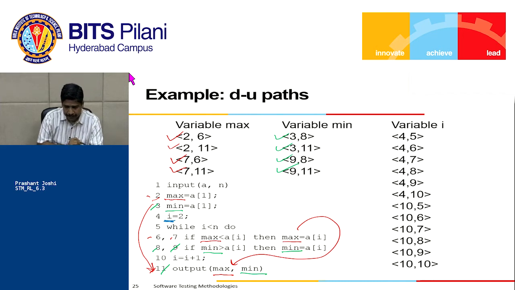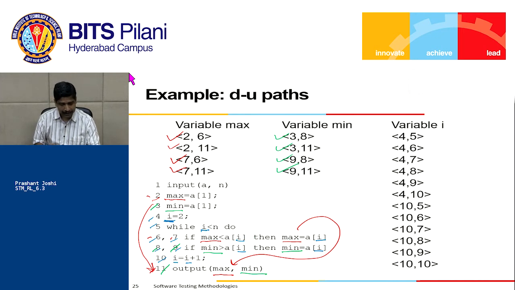So I is here, here, here, here, here. So what are the statements where I have I? 4, 5, 6, 7, 8 and 9, 10. Those are all the statements where I have variable I.